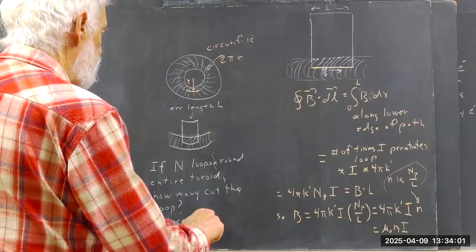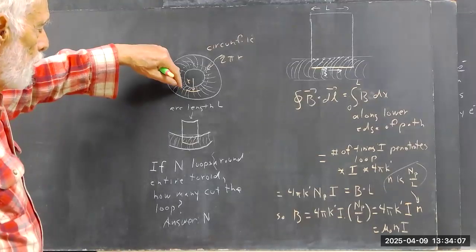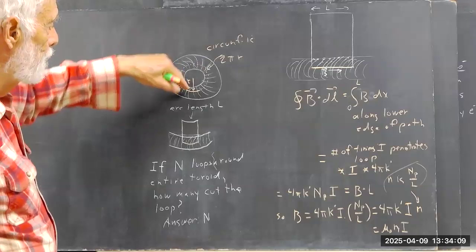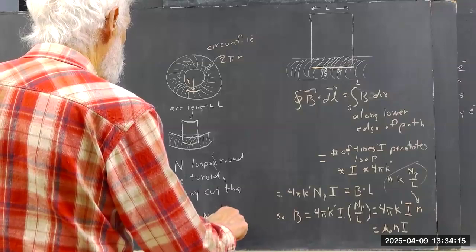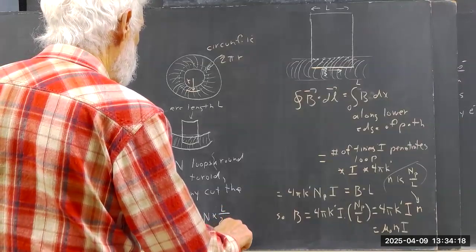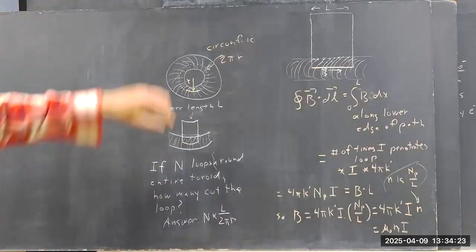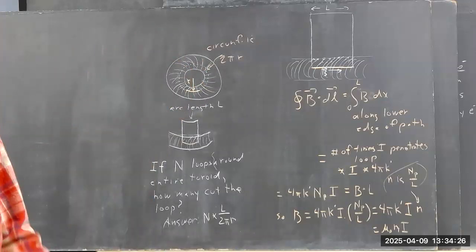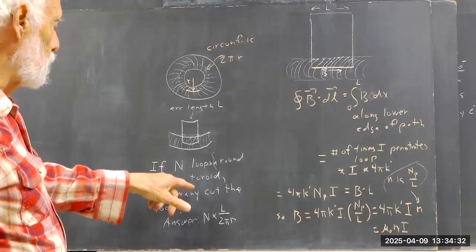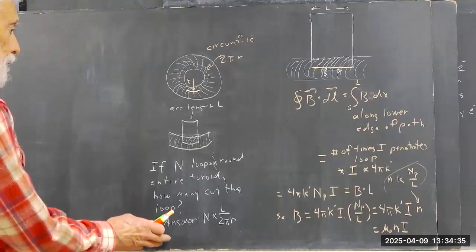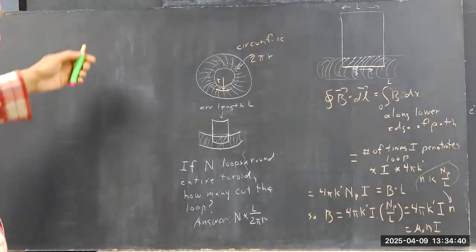If there are N around the whole thing, what proportion are in the dL length? It's L over 2 pi r. This length divided by the entire circumference. Does that make sense? Just simple proportion, assuming N is the total number of loops around the entire toroid. I'm not sure that's how the book defines it, and they do use capital N, but I think that's how they would define it. Okay.